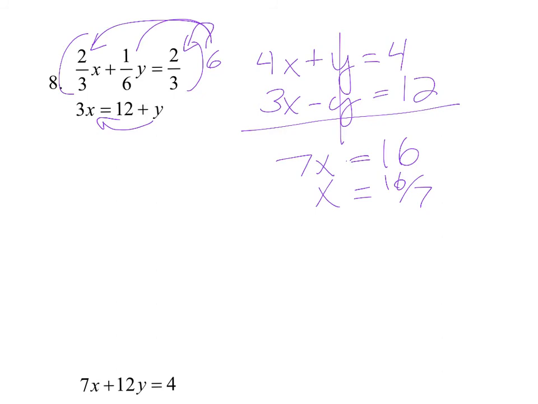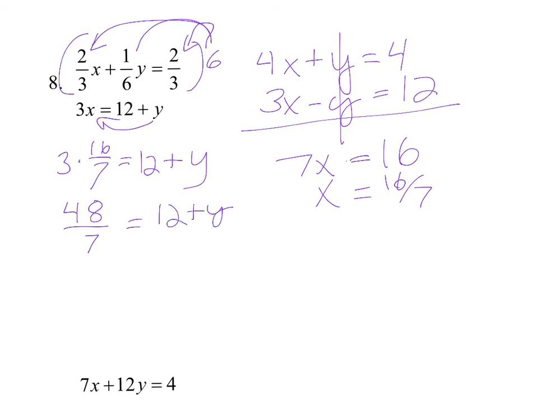Oh, plugging that in is not going to be pretty. Okay, so 3 times 16 sevenths equals 12 plus y. Well, 3 times 16 sevenths. 3 times 16 is 48. So I have 48 over 7 equals 12 plus y.